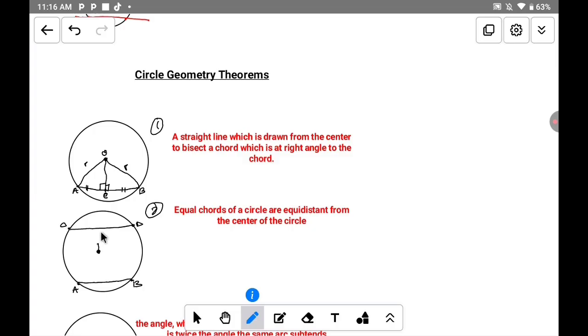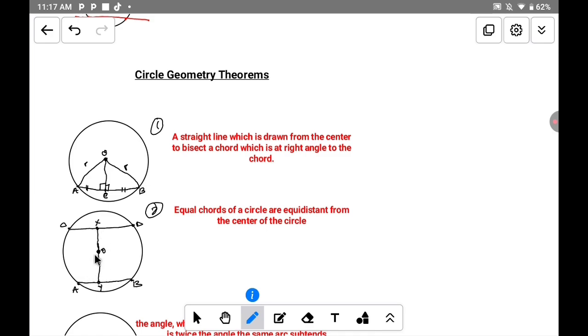If I say this point here is point S at the point of intersection, and this point here is point Y, and the center is point O, then the distance from O to Y is the same as the distance from S to O. They are equal in distance.